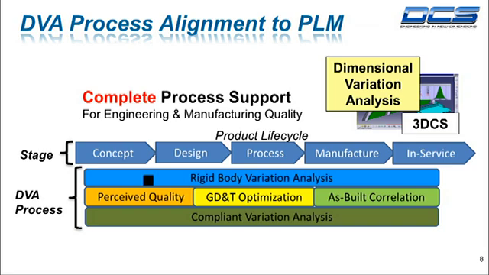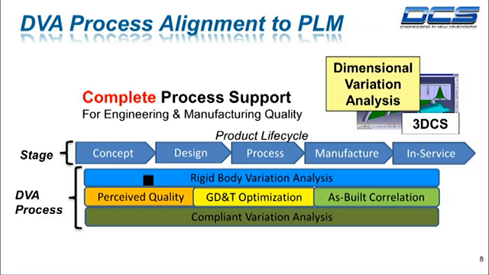And we see two different types of digital variation analysis. We see something called rigid body, and we see something called compliant. And those are two different modes of being able to analyze things. The first one, rigid body, is exactly that. It assumes that all parts, all objects, are of a rigid nature. They're stiff, they're solid, they cannot move.